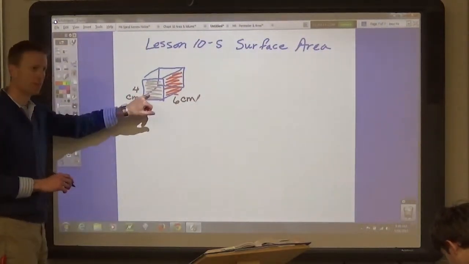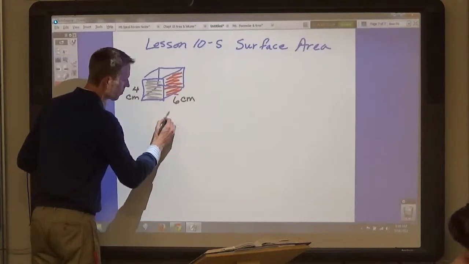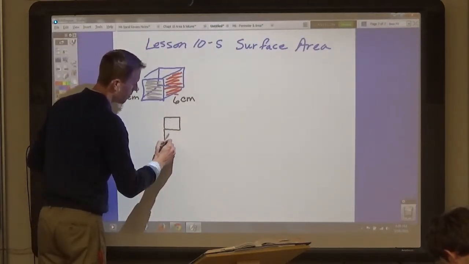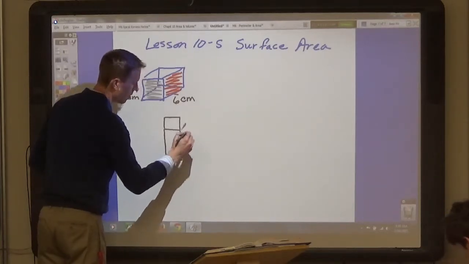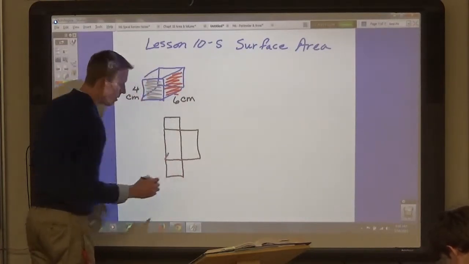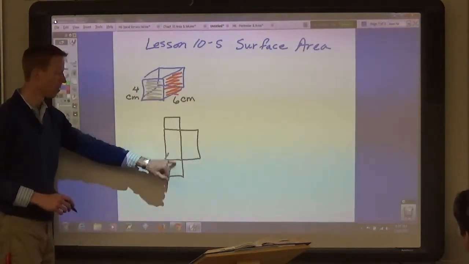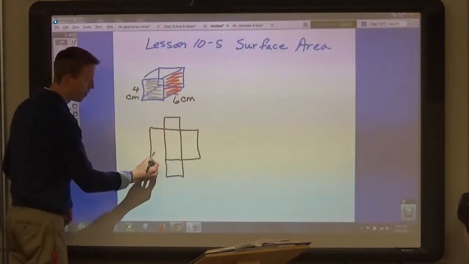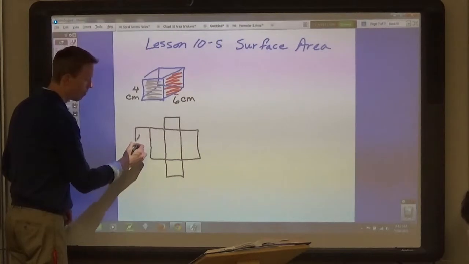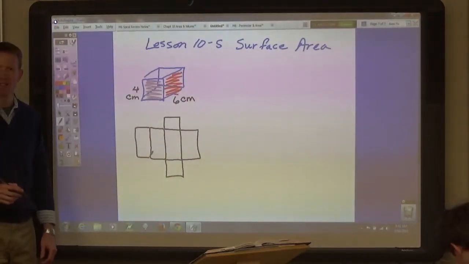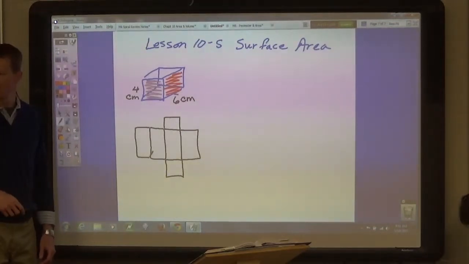2 bases, right. So, if we draw those 2 bases, like this, see where the 2 bases are? These are the 2 bases. And then there are how many other faces? 4, to make a total of how many sides? 6 sides, right?